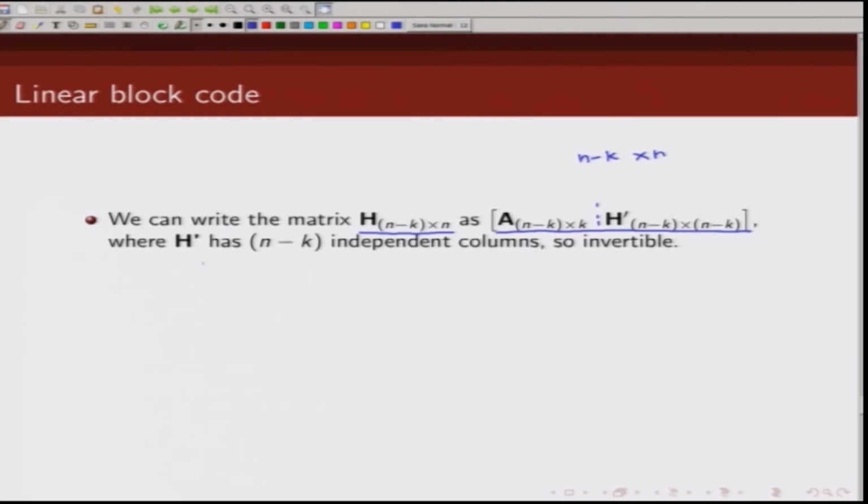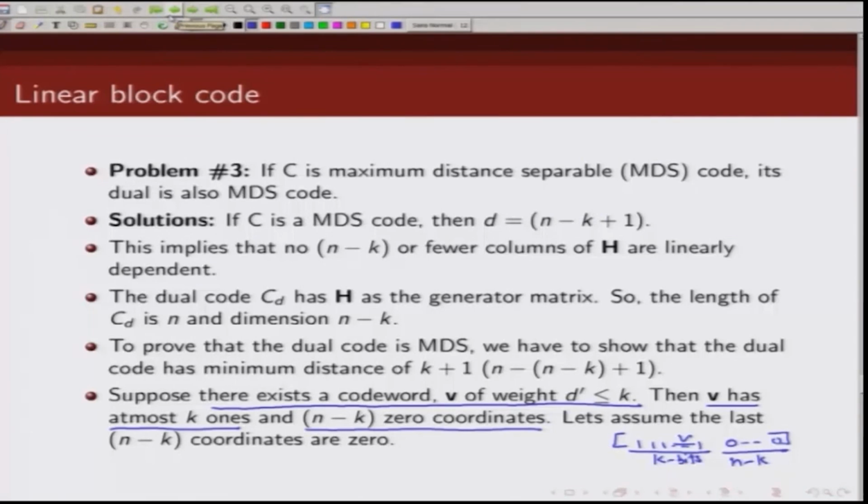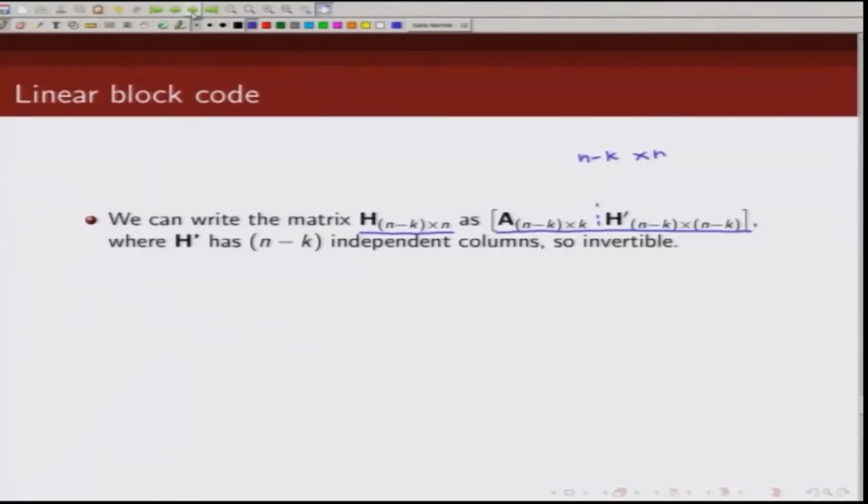Now, what was the rank of this matrix H? Remember, because the minimum distance of the code was n minus k plus 1, no n minus k or fewer columns of H were linearly dependent. So, the row rank was n minus k, and the column rank is also n minus k.